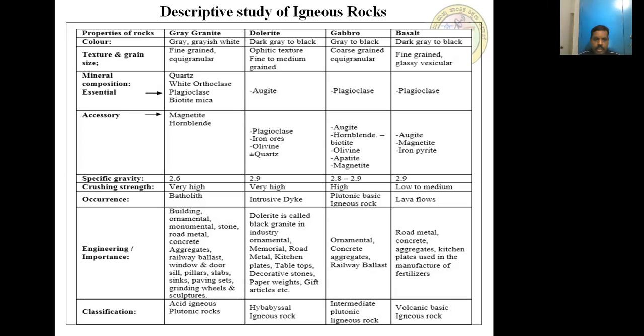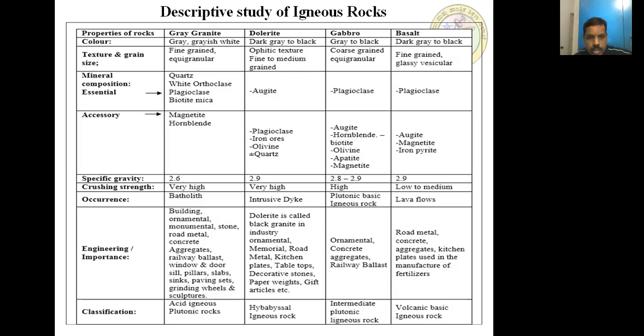Coming to engineering importance, granite is one of the most important and prominent building and ornamental stones. It is the only rock that can be used at all levels of building construction, right from foundation to roof level.